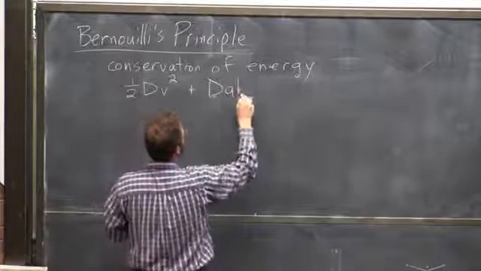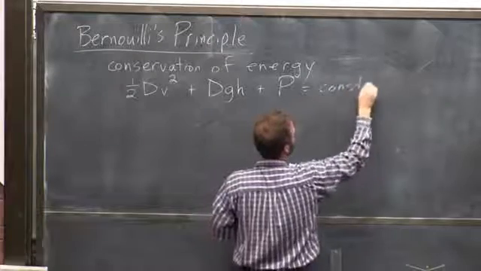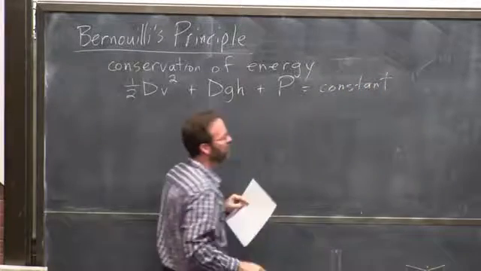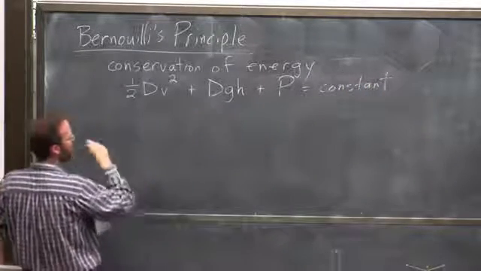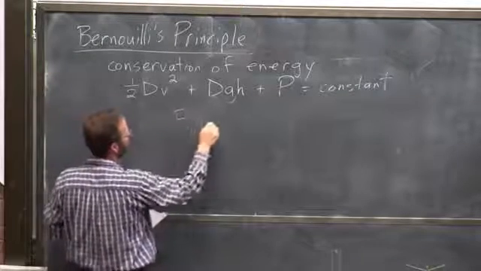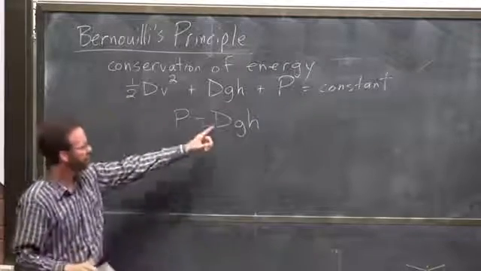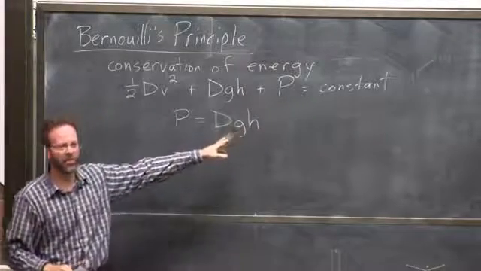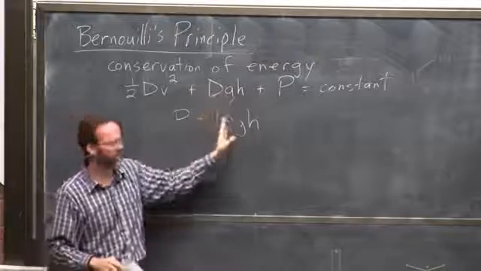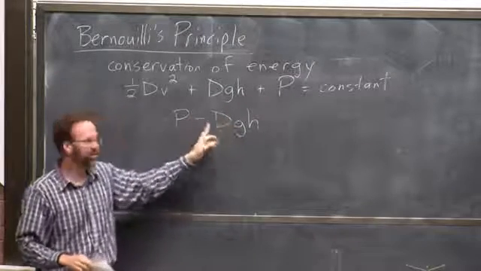Density times gravity times height, plus the pressure, and that had to stay constant. Just rearrange it. You can think of, before, pressure was what? Density times gravity times height. We did that before. It's force over area. That's what this works out to be in terms of density. Pressure is depth dependent.